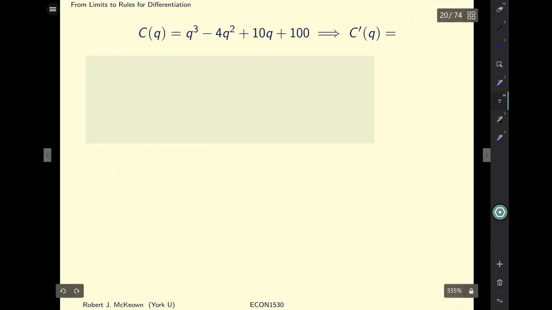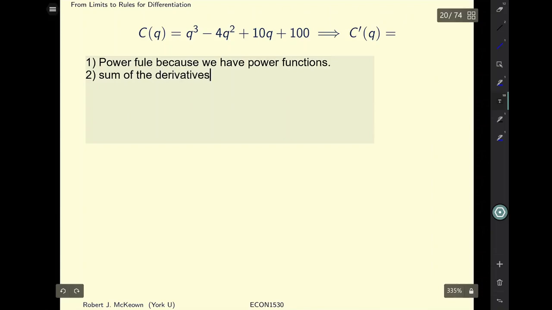So there's two rules we want to use. One, we want to use the power rule because we have power functions. And two, we want to use the rule that the sum of the derivatives is equal to the derivative of the sums.